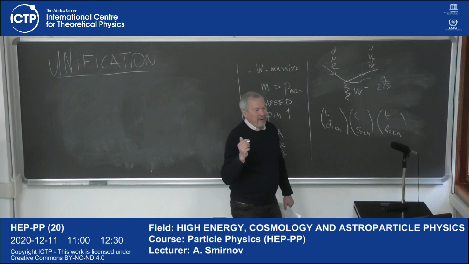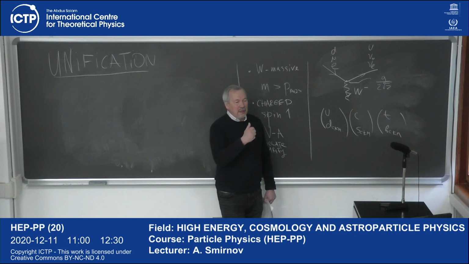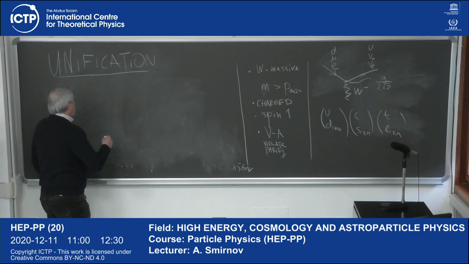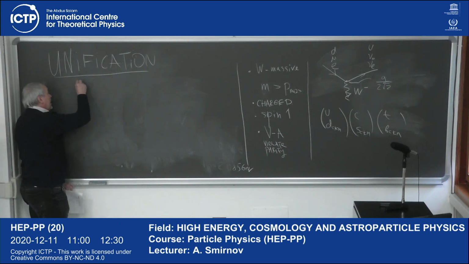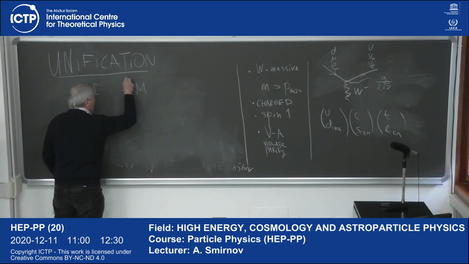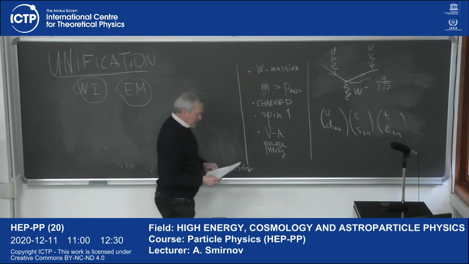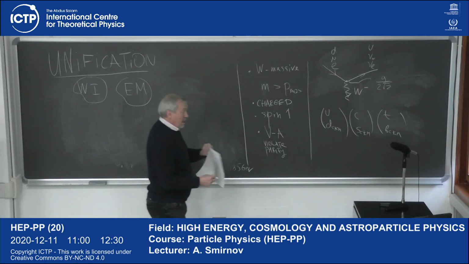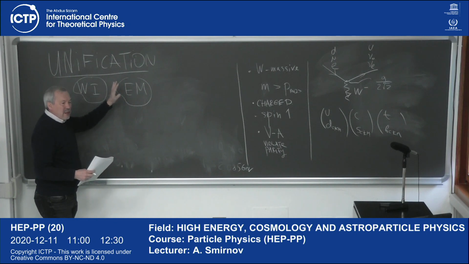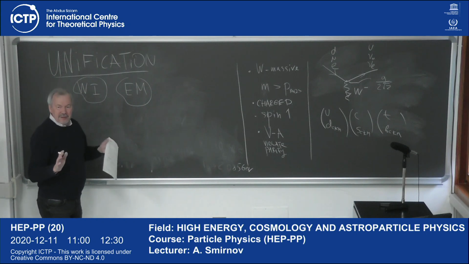In this way, we unified electric and magnetic phenomena, for instance. Here we deal with electromagnetic phenomena and weak interactions, and the idea is to somehow unify weak interactions and electromagnetic interactions. So can we unify these interactions? Unification to somehow implies analogy or similarity, because you cannot unify things which are completely different.